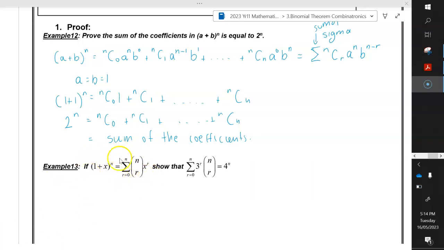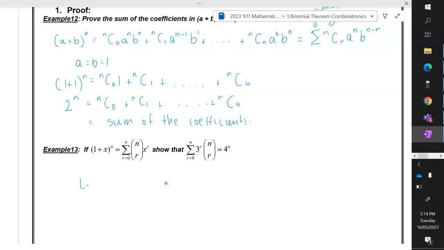If I've got this and I want to show this, we can see that my left-hand side could be made to look like my right-hand side if I let x equal 3. If I popped a 3 in here for x, I'd have 1 plus 3 is 4, and that would give me 4 to the n. So in this case, I would like to let x be equal to 3.